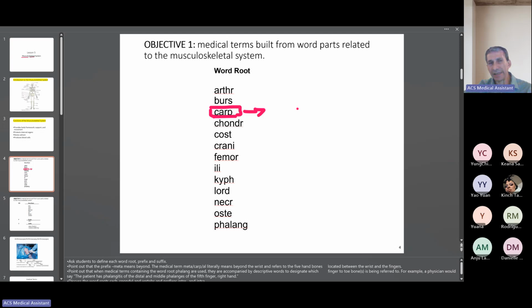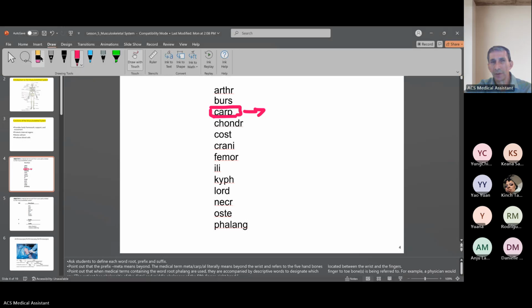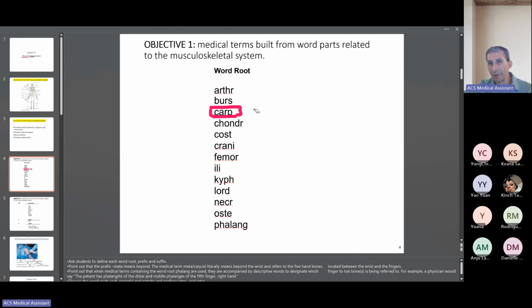If we see a picture of the bones of the hand, then we will see that those bones that make up the wrist will be the carpals. So carp is the word root from carpals. You've heard about carpal tunnel syndrome, probably. Well, it comes from carpal, these particular bones from the wrist.